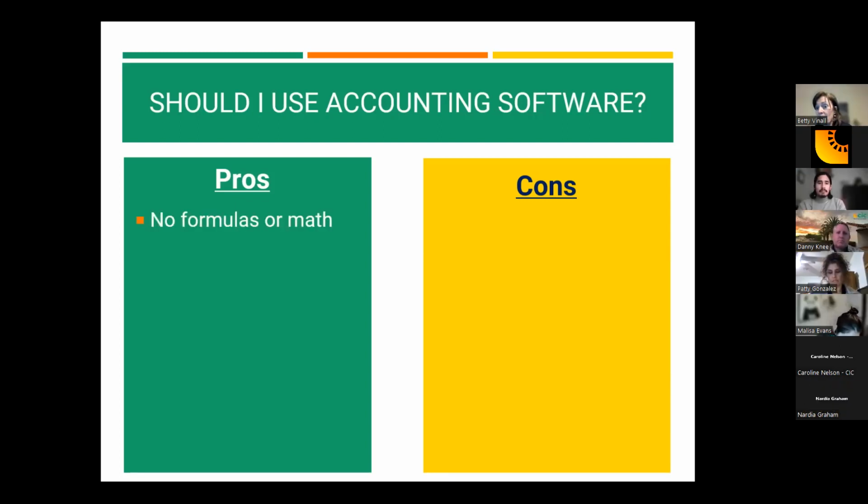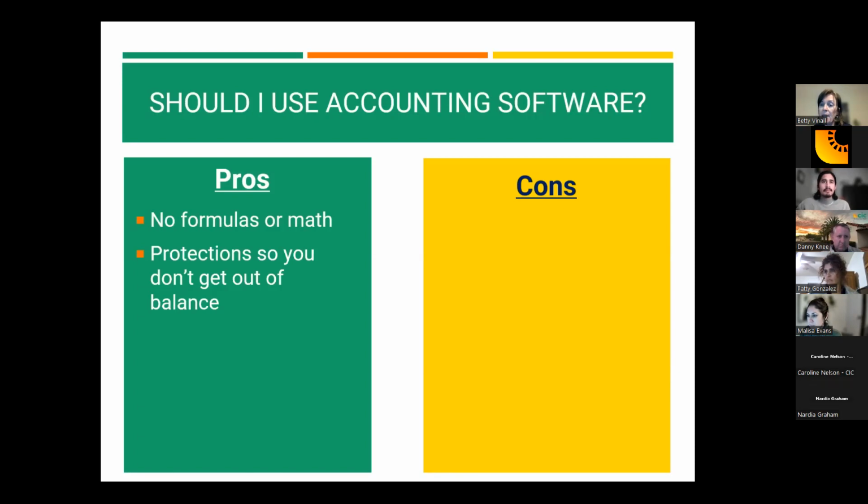The pros of it, for sure, is that you don't have to set up the formula or the math. So you don't have to worry that you've got that formula incorrect. It's the easiest way to protect yourself from getting out of balance, because the software knows when you take money out of your checking account to buy something, it knows what to do on the other side.